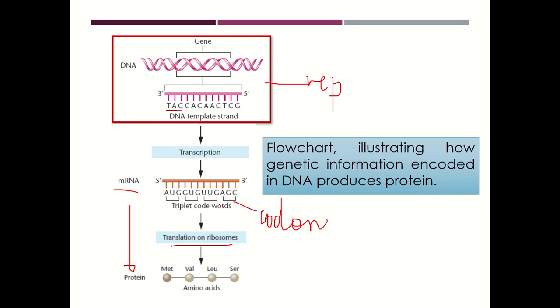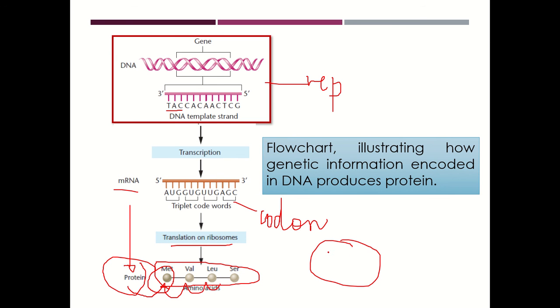UUG, we have leucine. AGC, or serine. So, each one is a peptide or amino acid. And when it is long, we call that a polypeptide. Put together, that becomes a protein. That is why protein is the building block of amino acid. Meaning, a protein is made up of many amino acids, or a polypeptide.